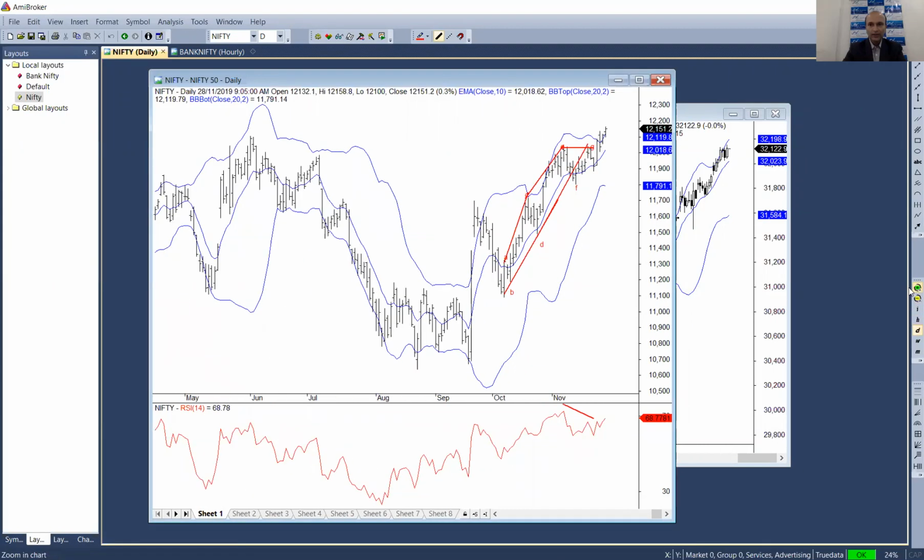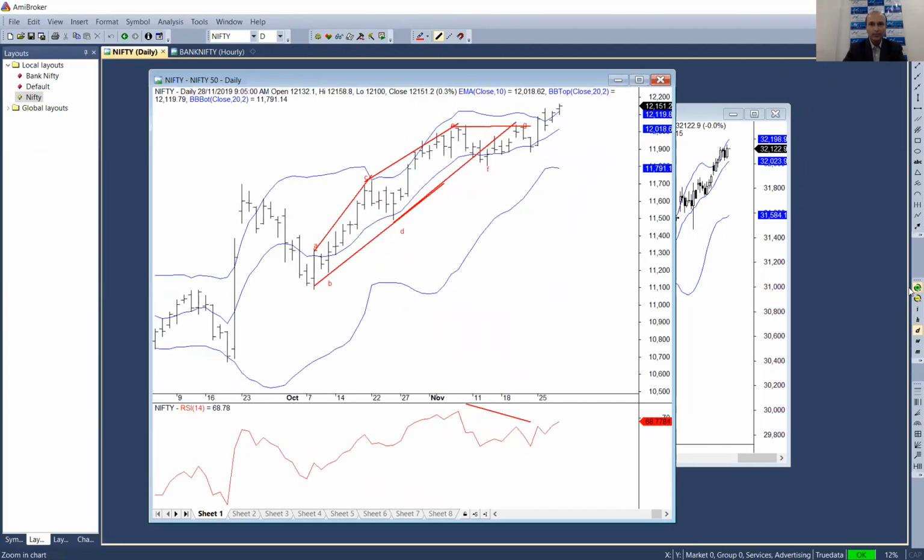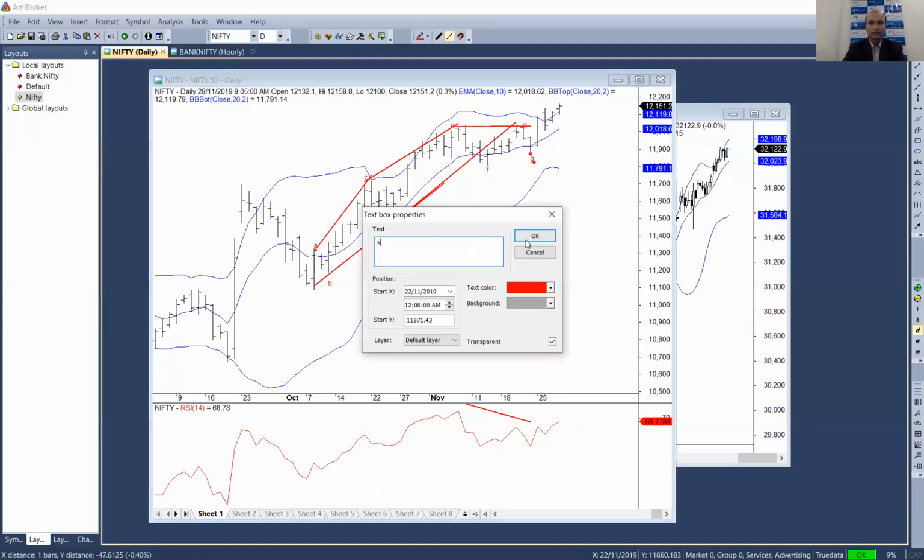So this is a daily chart, and if you remember in the previous webinar, we discussed a diametric pattern A, B, C, D, E, F, and G, which is as per Neo wave. That diametric pattern got completed, and the fall which happened actually turned out to be a very shallow fall, which is nothing but an X wave.